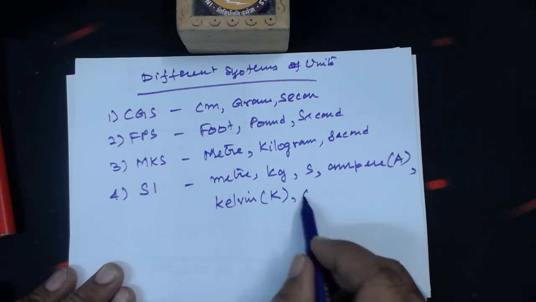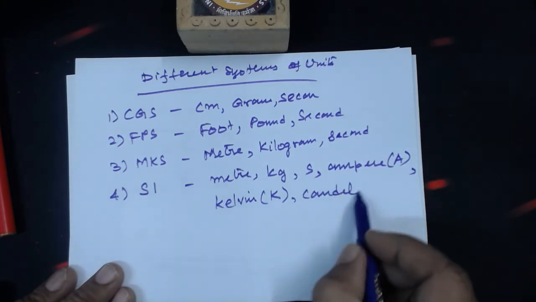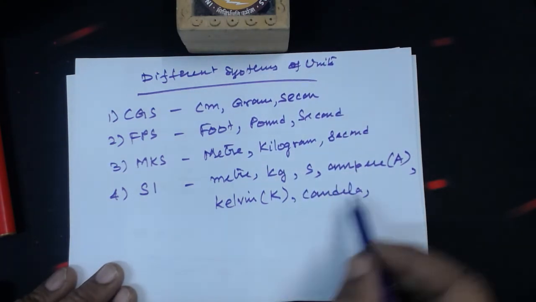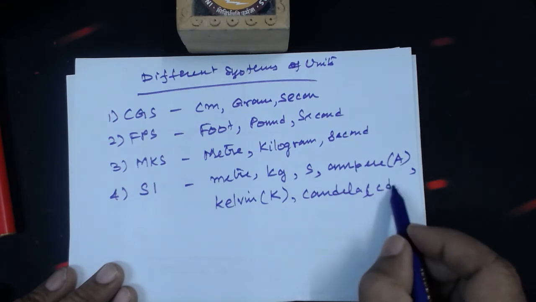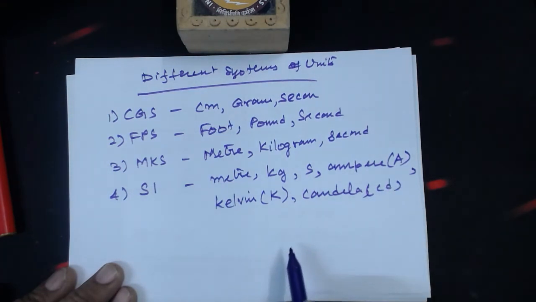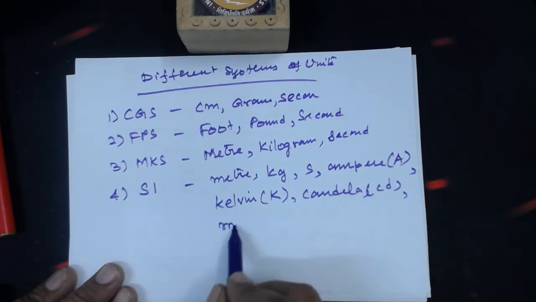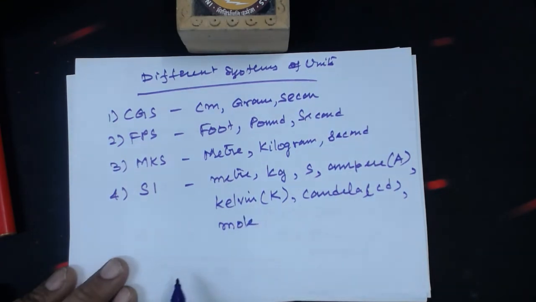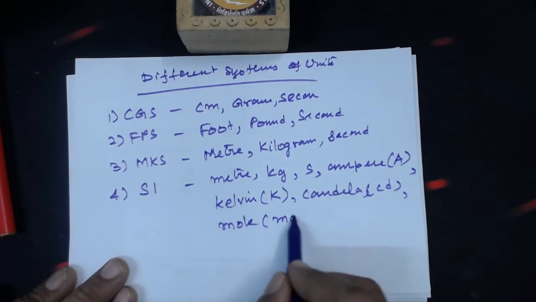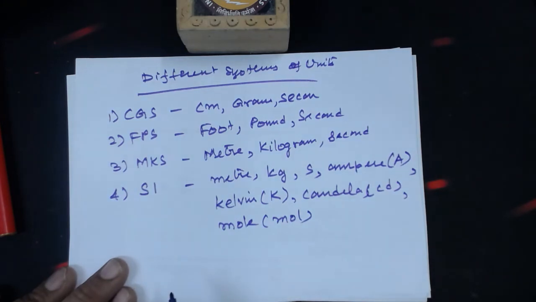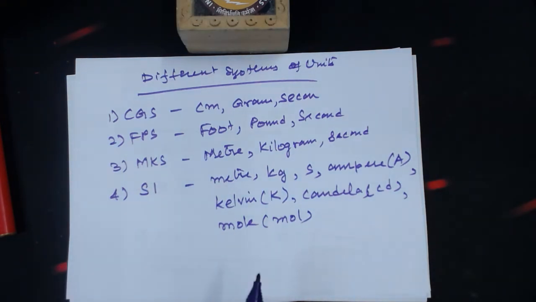Then candela, it is represented as cd, small c, small d. And mole, MOLE, but symbolically it is represented as mol only. So these are the major units, the fundamental units.